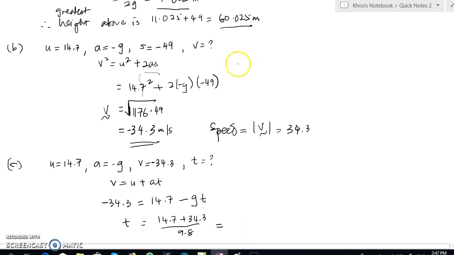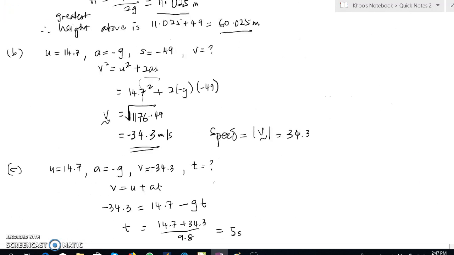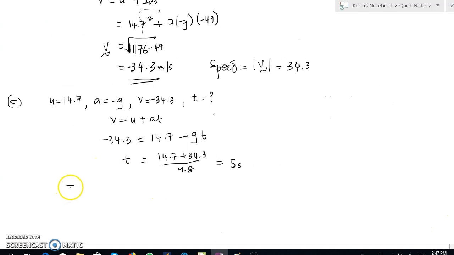So we have a nice value, exactly 5 seconds. So let's see whether we answer the question correctly. We are interested in total time. So in this case, total time would be 5 seconds. That concludes the solution to this question.